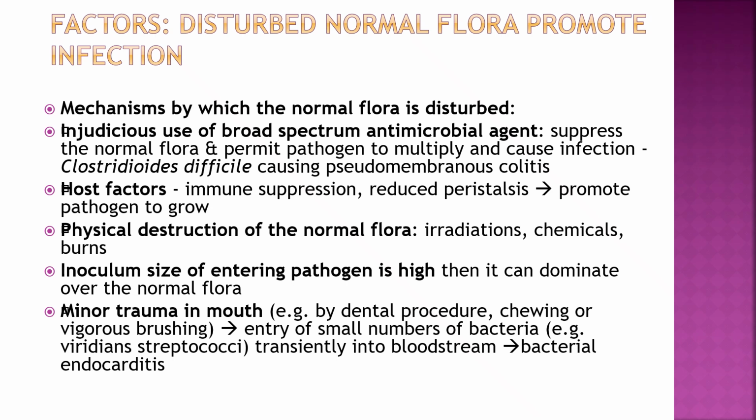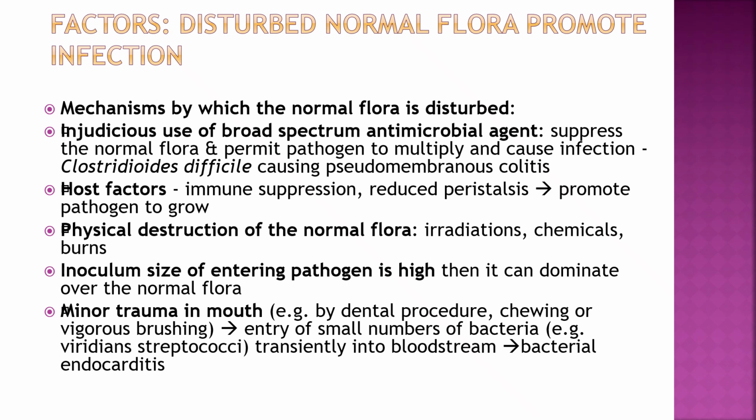In immune suppression, because of low immunity, maybe because the patient is on immunosuppression, taking cytotoxic drugs, or has AIDS, the normal flora, which is transient in nature, becomes pathogenic. Then physical destruction like irradiation, chemicals, burns, chronic irritation or minor trauma, like dental procedures or vigorous brushing.